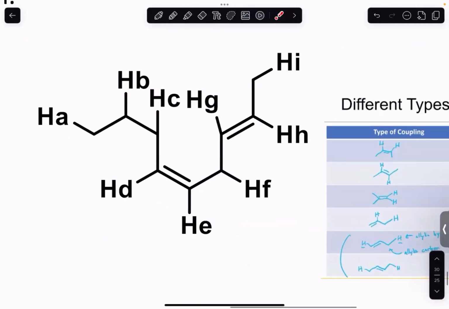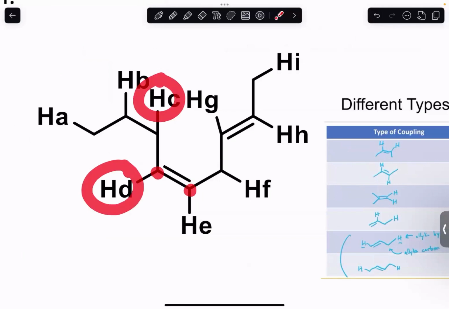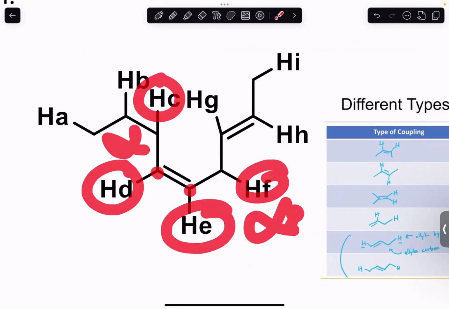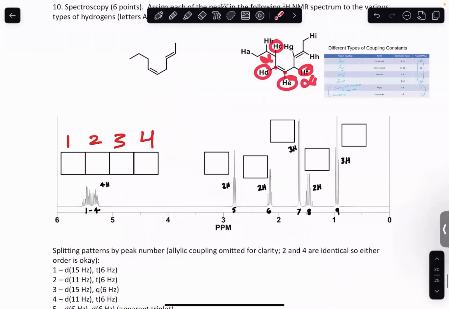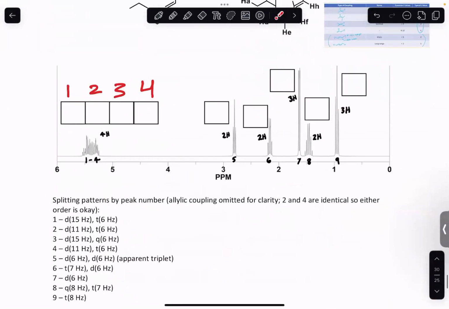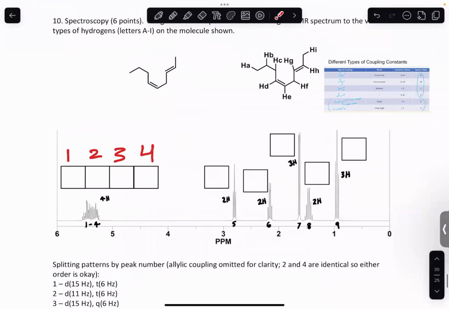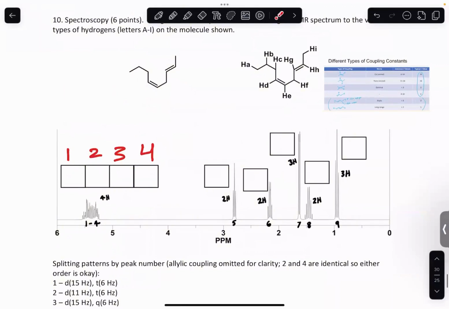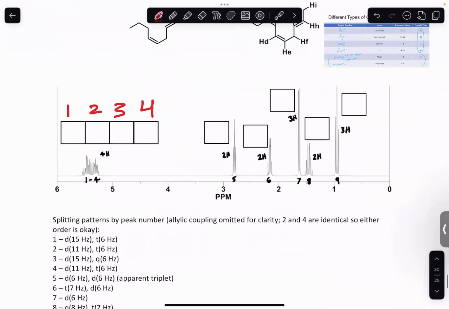And it looks like both D and E have alpha relationships with hydrogen, right? D and C are alpha to each other. E and F are alpha to each other, like that. Right? So I'm going to put 2 and 4. It could either be D or E, but I'm going to come back to that later.